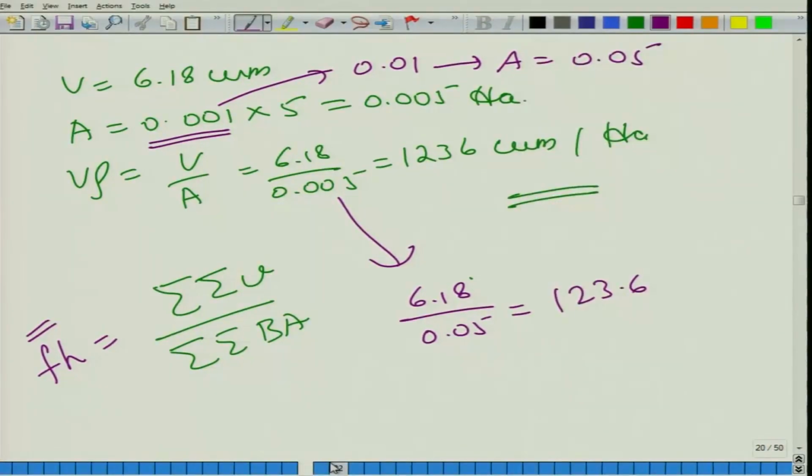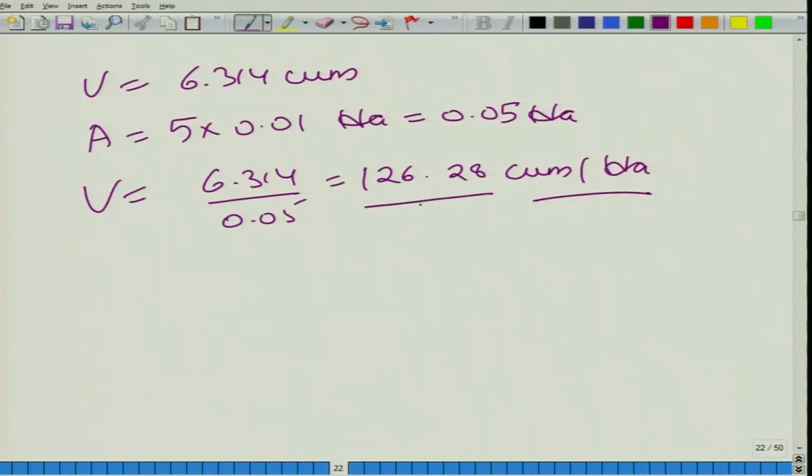So in the current problem we have changed the areas of each of the sample plots. So here we have 123.6 cubic meter per hectare when we are finding it out by using the form height. When we are using the regression equation, we are getting 126.28 cubic meter per hectare, which is very close to the value we got before of 123.6.